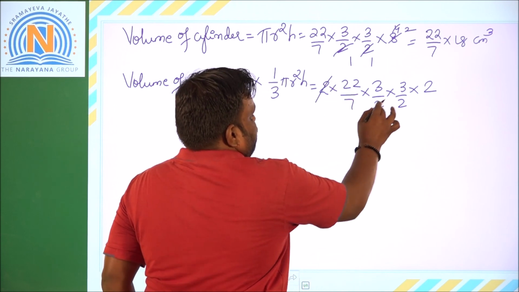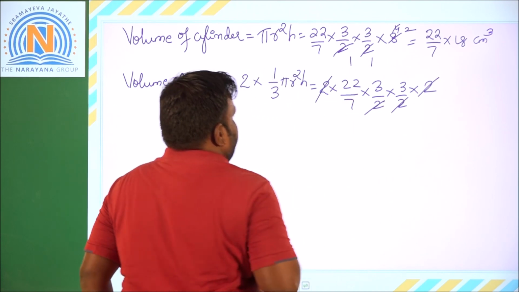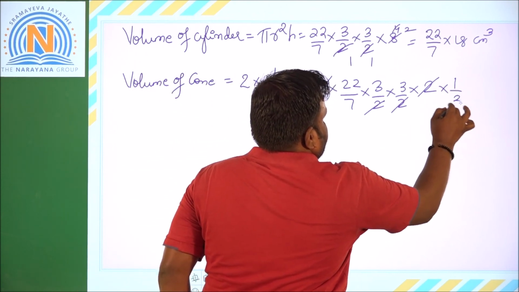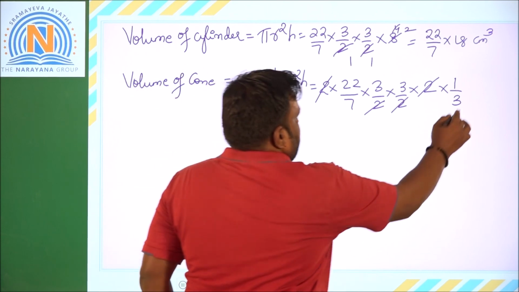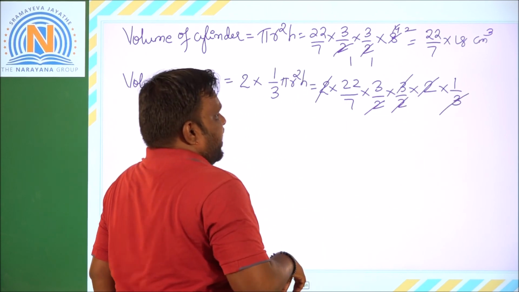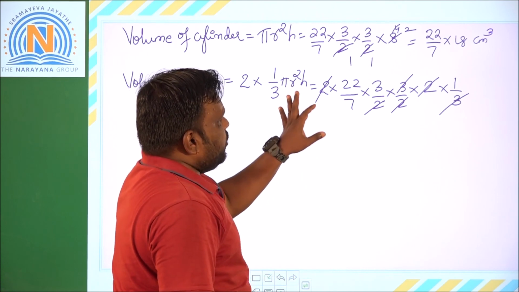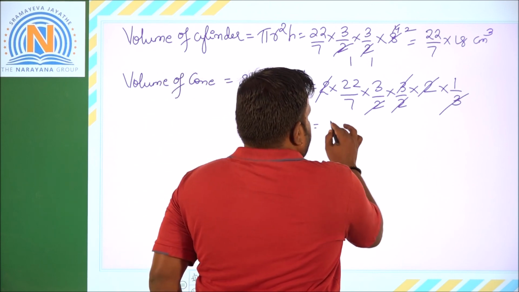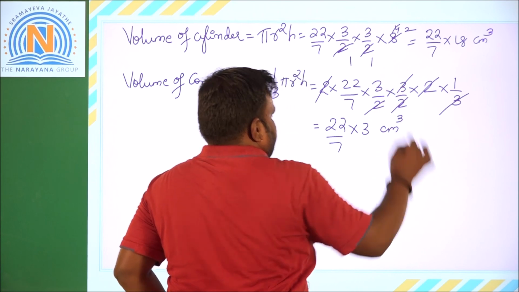So this 2 and this 2 gets cancelled, and this 2 and even this 2 gets cancelled, and of course we are having here as 1 by 3, right? So in this, if you check it out correctly, 1 3 and 1 3 also gets cancelled here. So what I am left with right now, I am left with only 22 by 7 into 3 cubic centimeters.